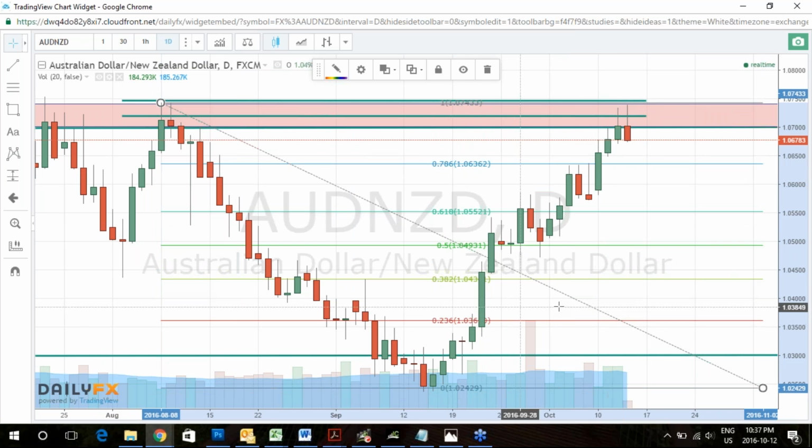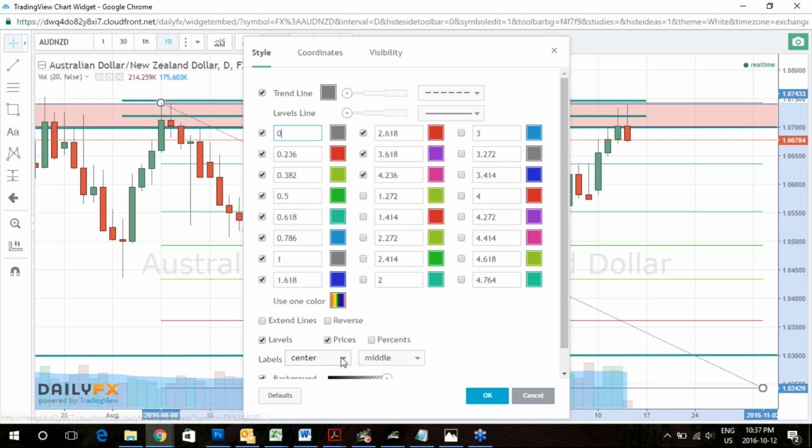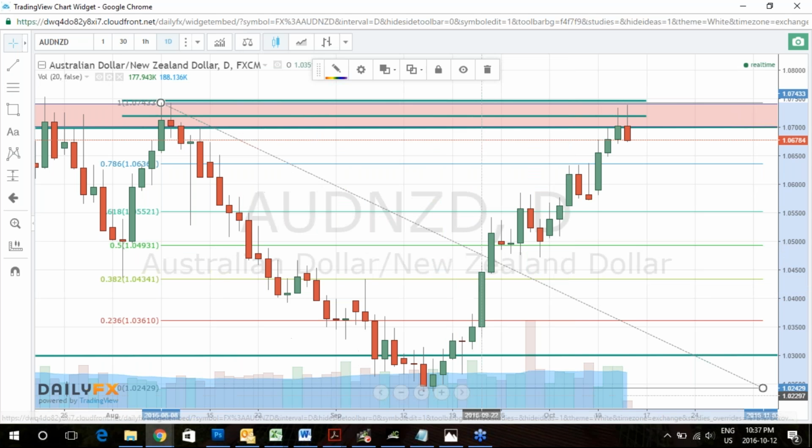So now these numbers that you guys see over here, 0.236, 0.382, 0.5, 0.618, 0.786. These are the levels where the price can basically fall onto.